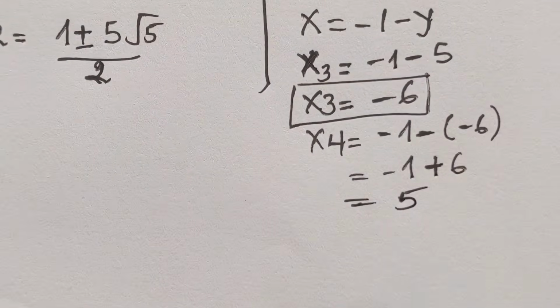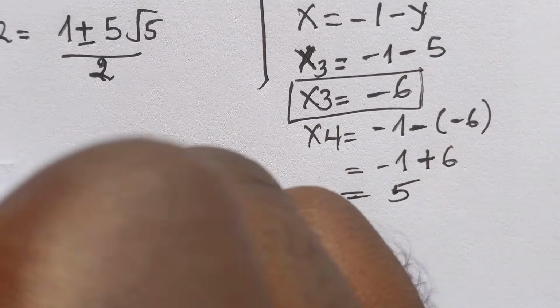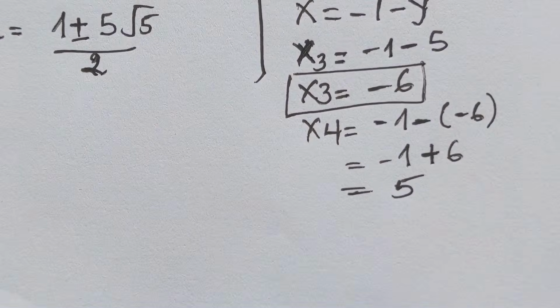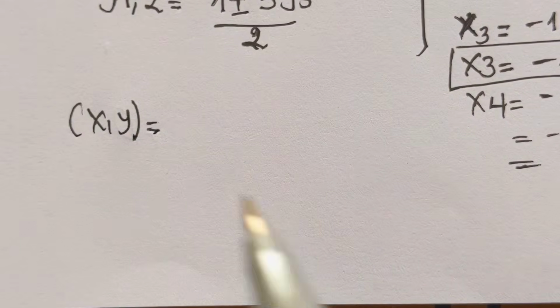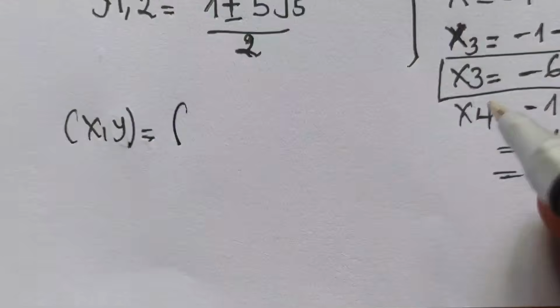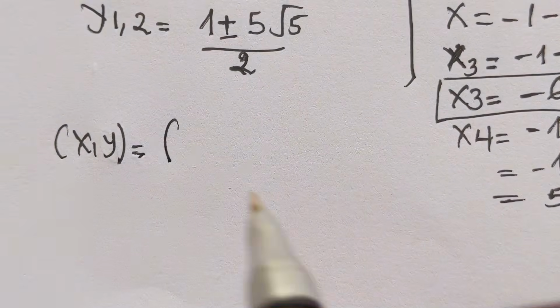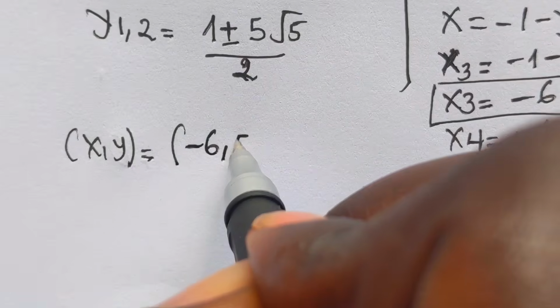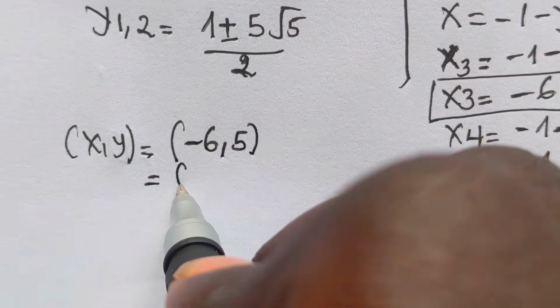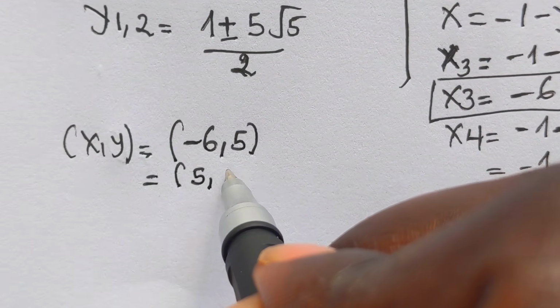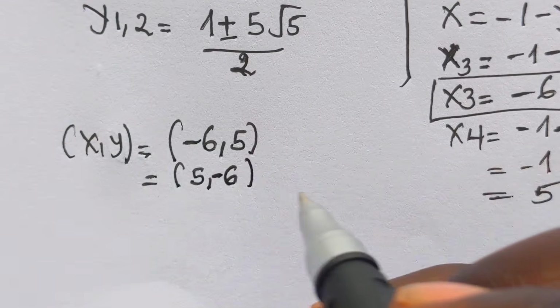So we are supposed to find the values of x and y: x is negative 6 while y is 5, and x is 5 while y is negative 6.